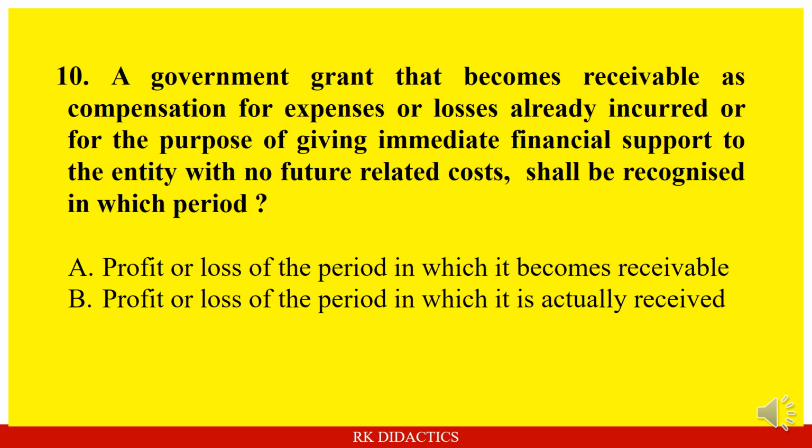Profit or loss of the period in which it becomes receivable, profit or loss of the period in which it is actually received. Answer is A. Profit or loss of the period in which it becomes receivable.